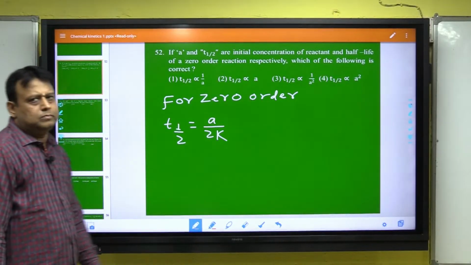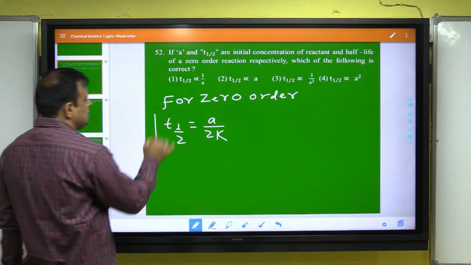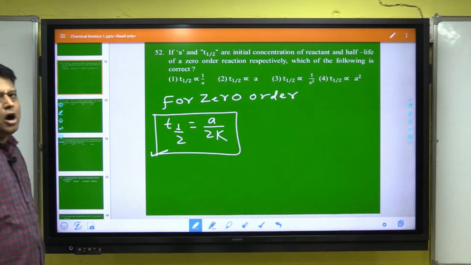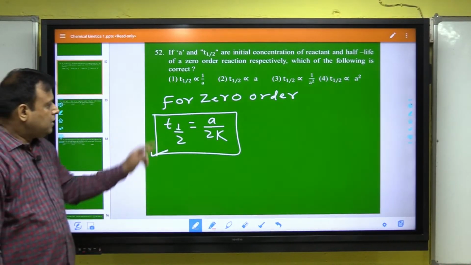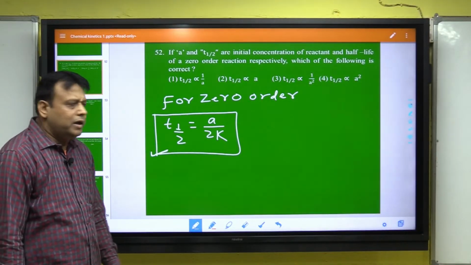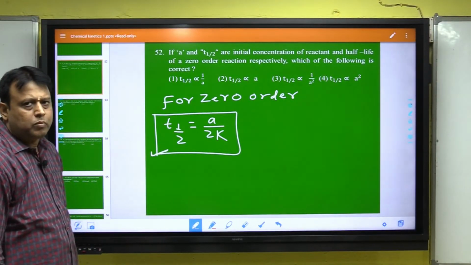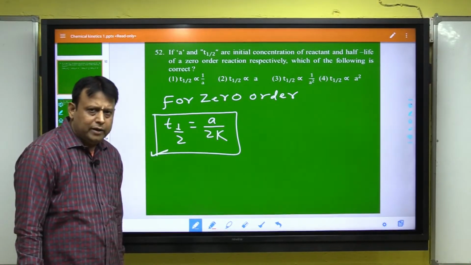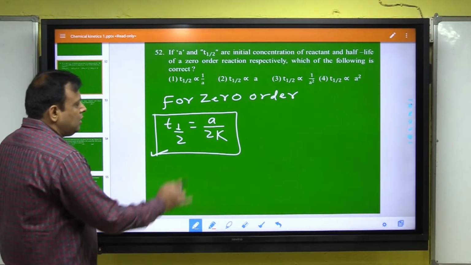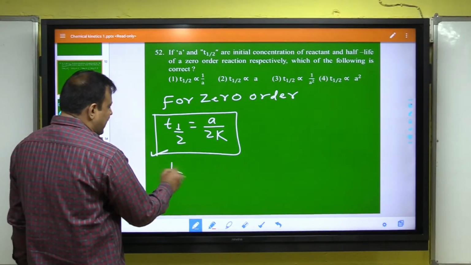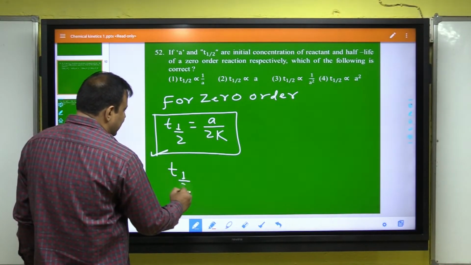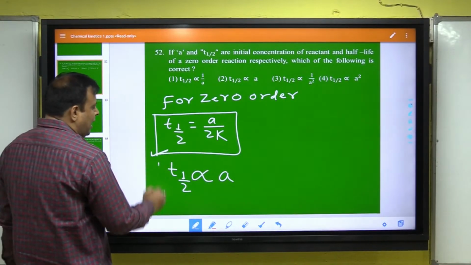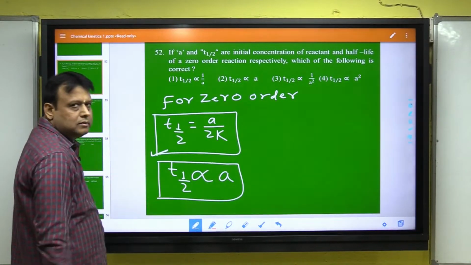This is the formula of half-life of zero order. T half is equal to A by 2K. And 2 and K are constant, and hence it is directly proportional to A. T half is proportional to A.